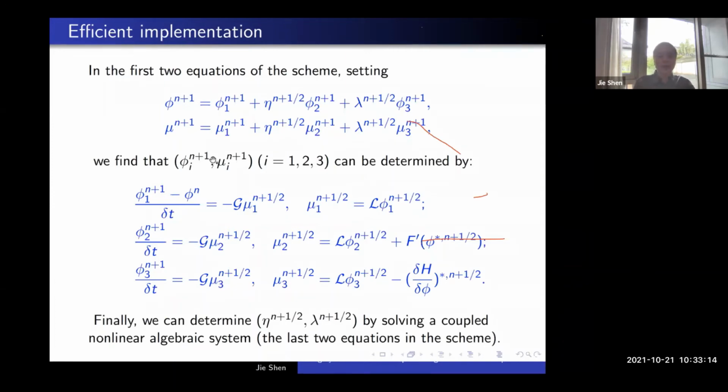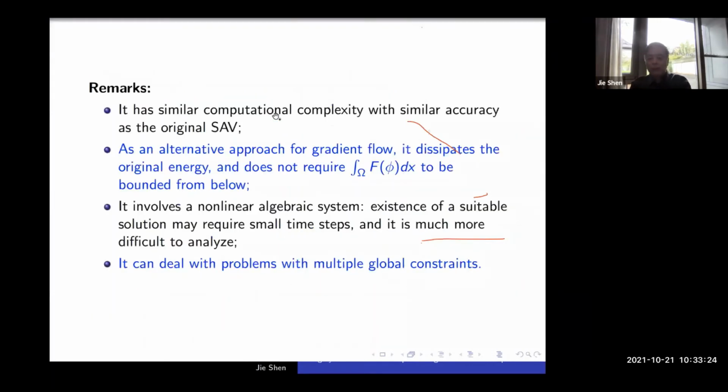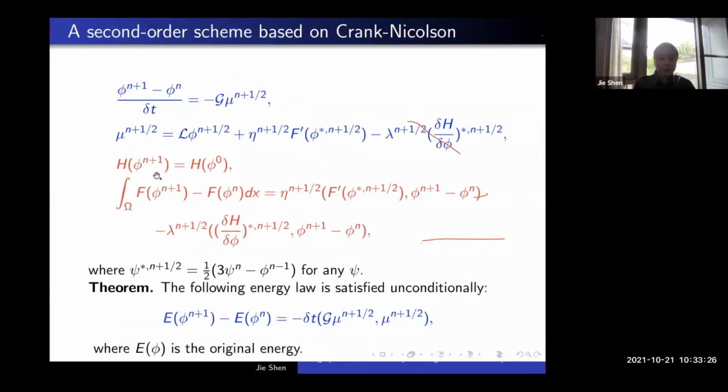And once you solve this, you plug those two relations back into the red equation here, and you end up with two nonlinear algebraic equations for eta and lambda.